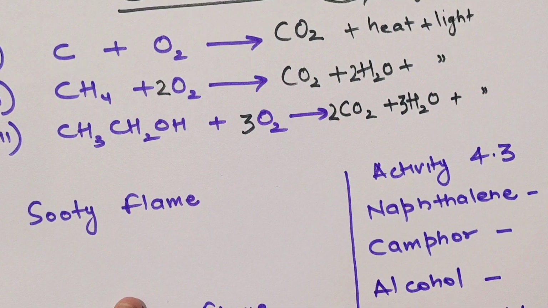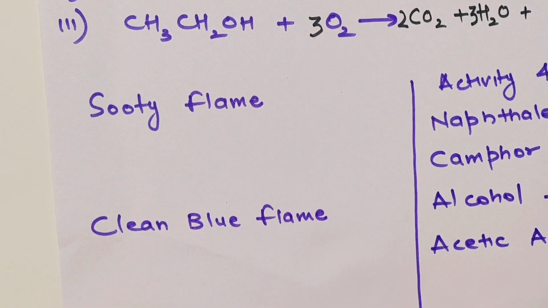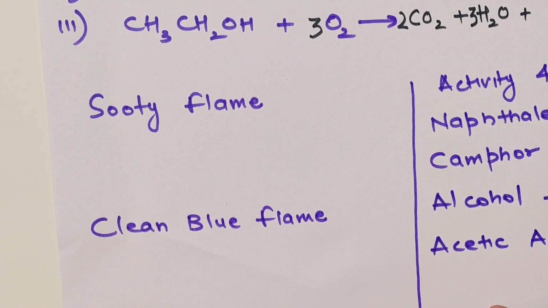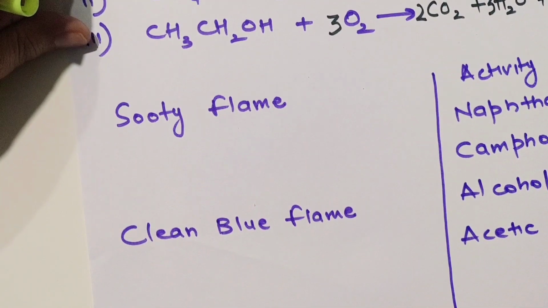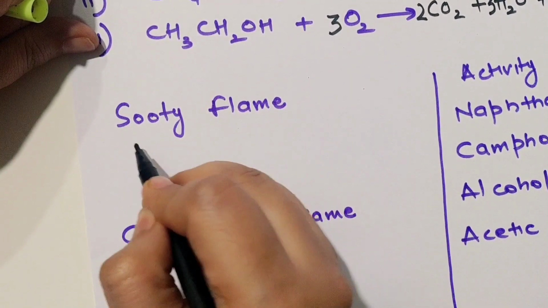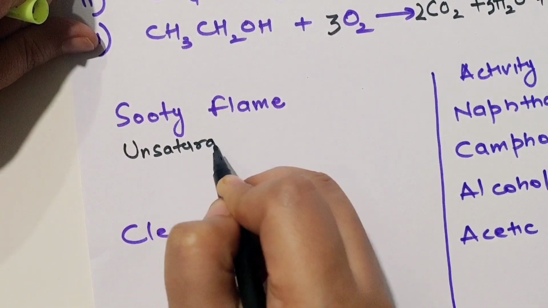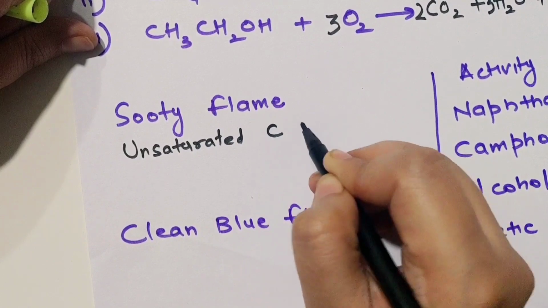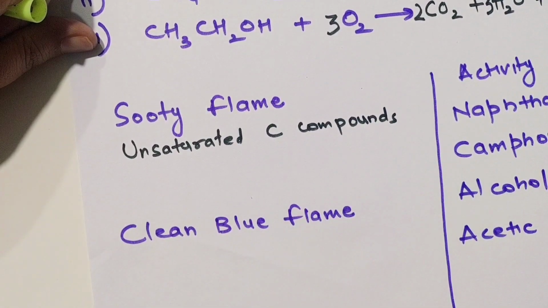Okay, this is the simplest thing that can be asked from this chapter, from this topic, combustion reaction. Now, not so simple and very commonly asked is sooty flame and clean blue flame. Now, what happens is all your unsaturated carbon compounds, when they are burnt, that means when you introduce them to a flame, there's oxygen in the air.